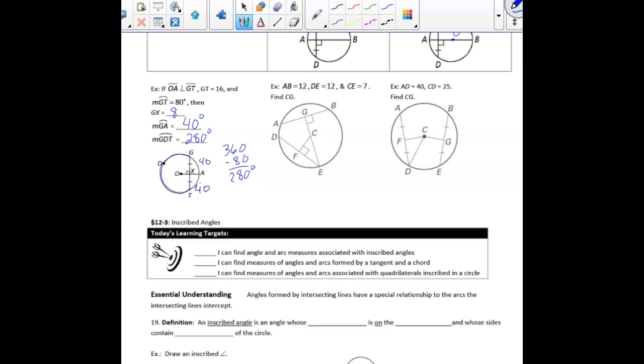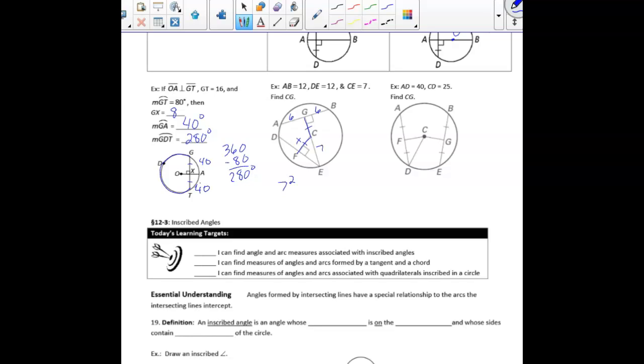Here we have AB is 12, and it's perpendicular, so this is going to be 6 and this is going to be 6. This means they're equal distance, so these are congruent. We're trying to find x.